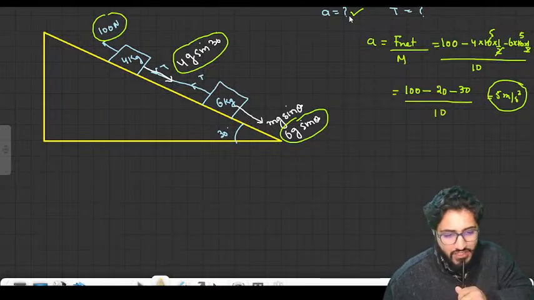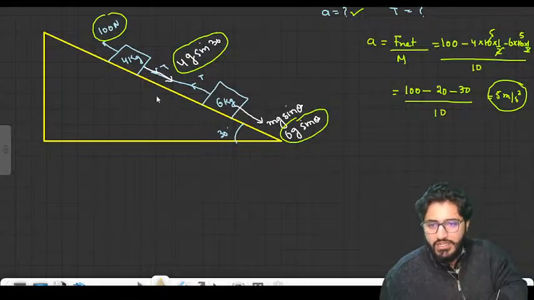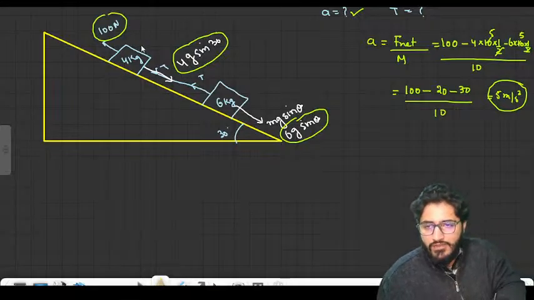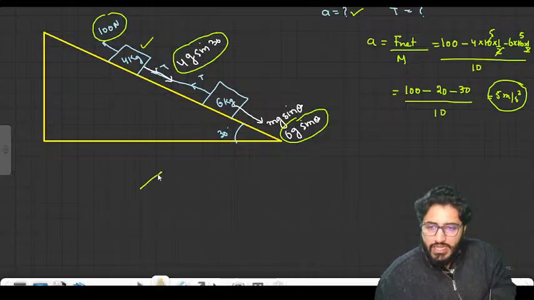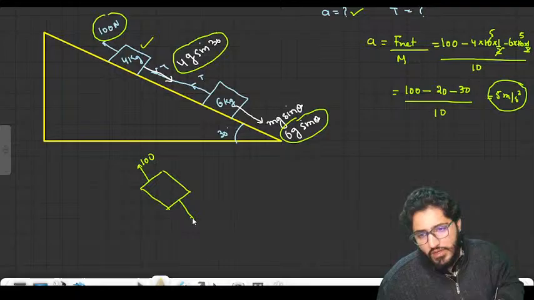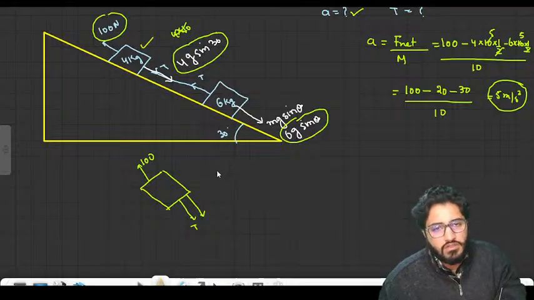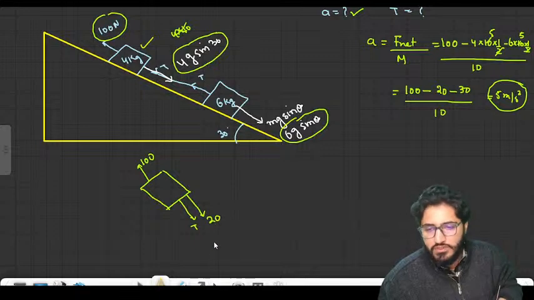Now I need my tension. I need my tension. Take one block. Let us say I will take this one, right? So look, this one is like this. Done now. Look, 100 Newton is upwards. Here, T is downwards. And 4g sin theta, it is 4 into 10 into 1 by 2, that means it is 20. 20 is downwards.